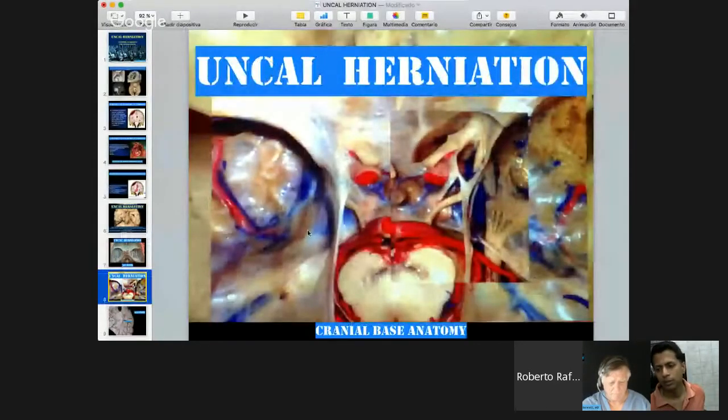This is the typical Rhoton dissection, and here you can see the tentorial free edge, and it is a sharp meningeal edge that can produce damage in the temporal lobe.